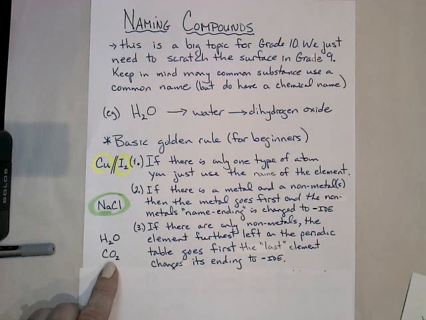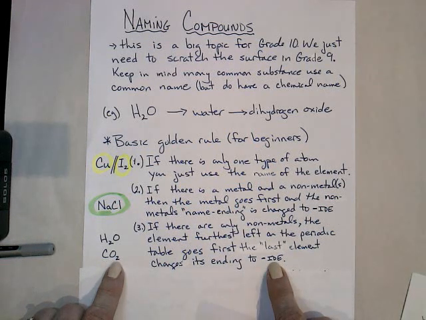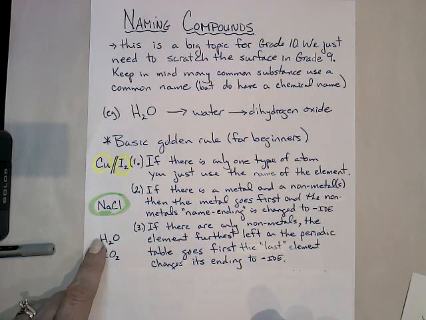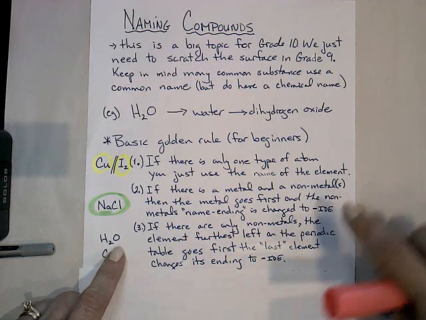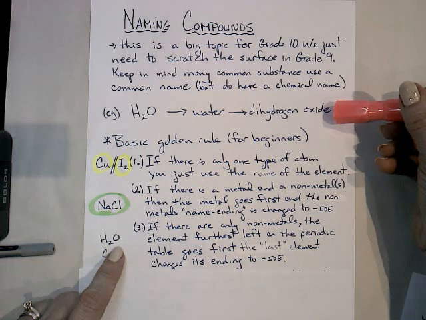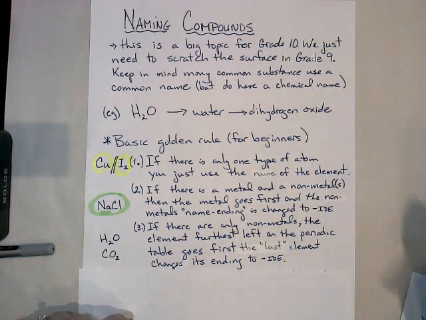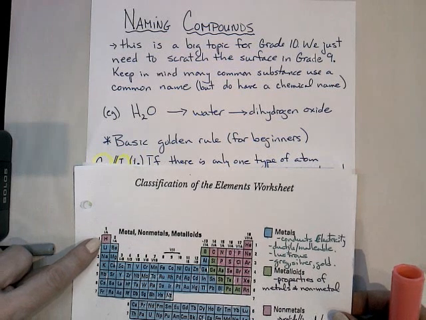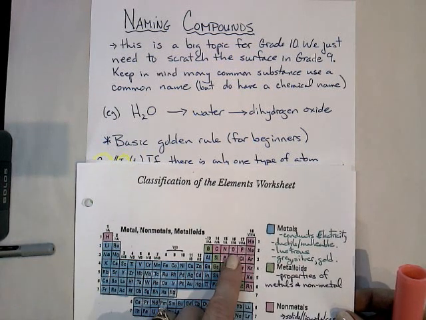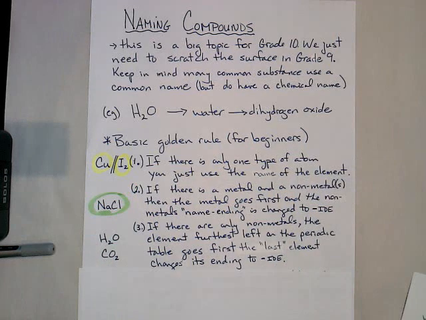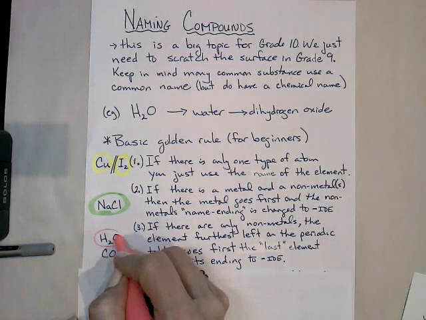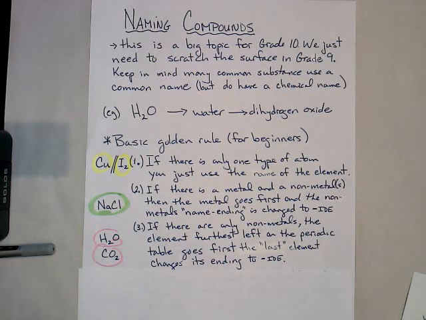And so CO2 is carbon dioxide, and we change the ending to "ide." Now, if we're talking about water, H2O, we're thinking about this name up here, dihydrogen oxide. Hydrogen is first for sure, because they're both nonmetals, there it is way on the left, and oxygen is over here on the right. And so that is another rule there. So those are those two examples.